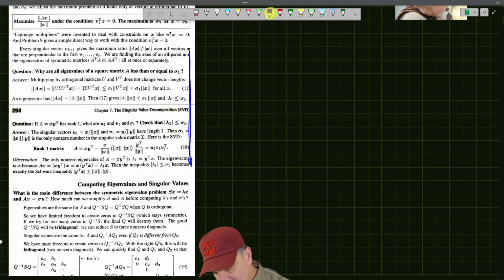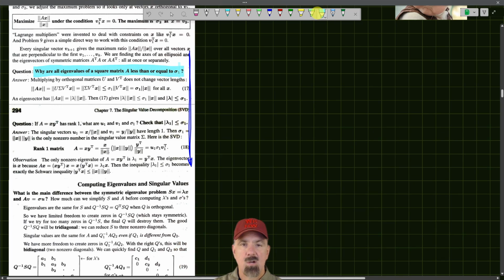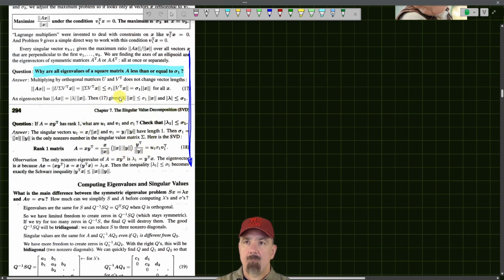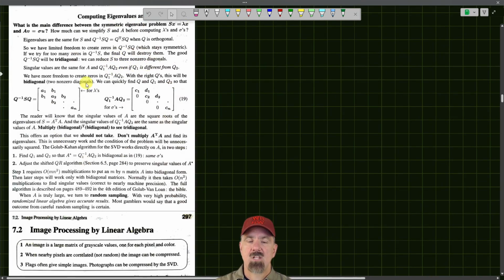What it says is, why are all the eigenvalues of a square matrix less than or equal to the largest singular value? He walks through and discusses this. This is not so important for us. It's an important topic, but probably something you'll learn later in your second linear algebra class. And then finally there is a conversation here about computation, which we're not so interested in.